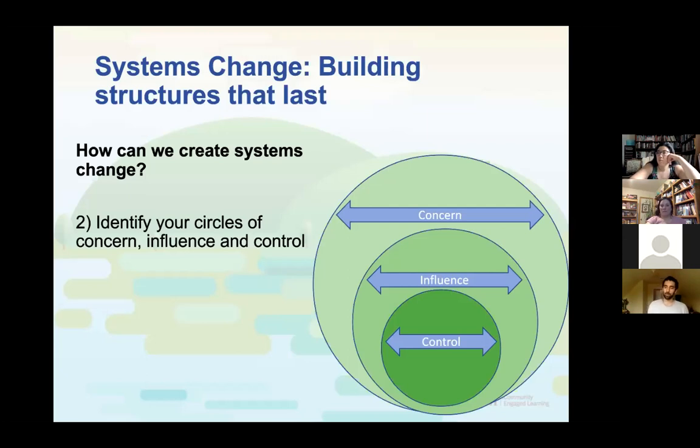The circle of influence is the circle or the context, I guess, where we can influence different policies, decisions, procedures, and take actions that other people can build on. Our circle of control is just as what it says, the circle where we have direct control over situations.